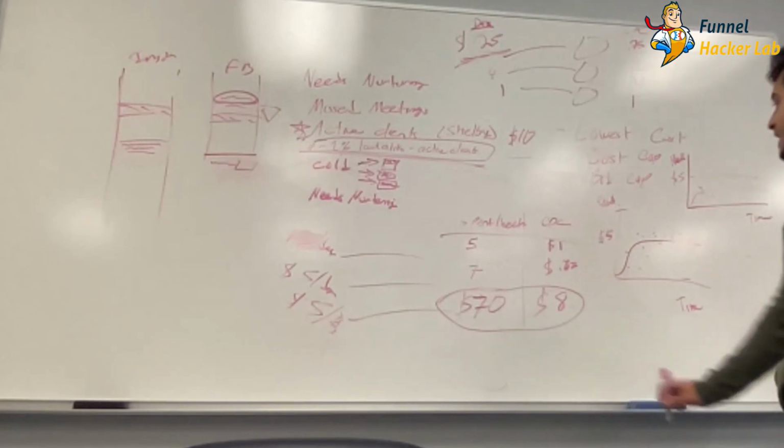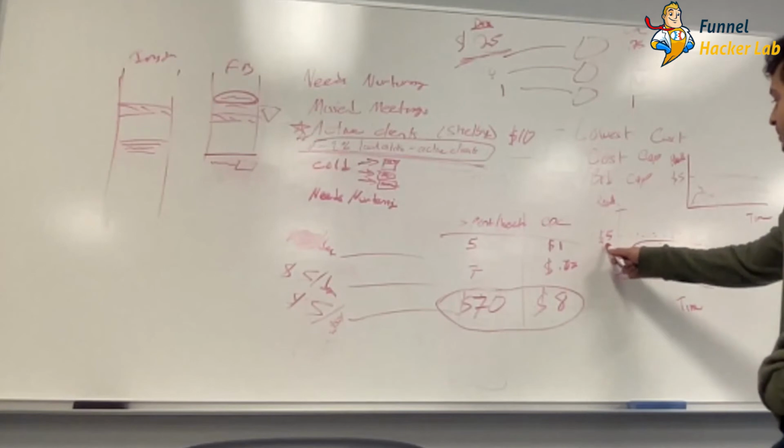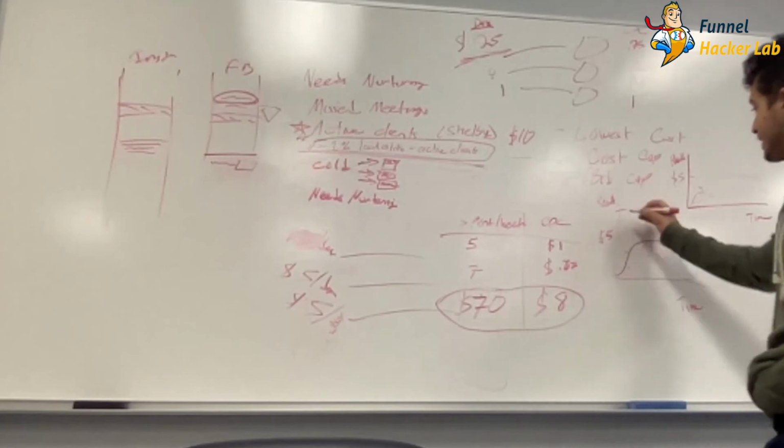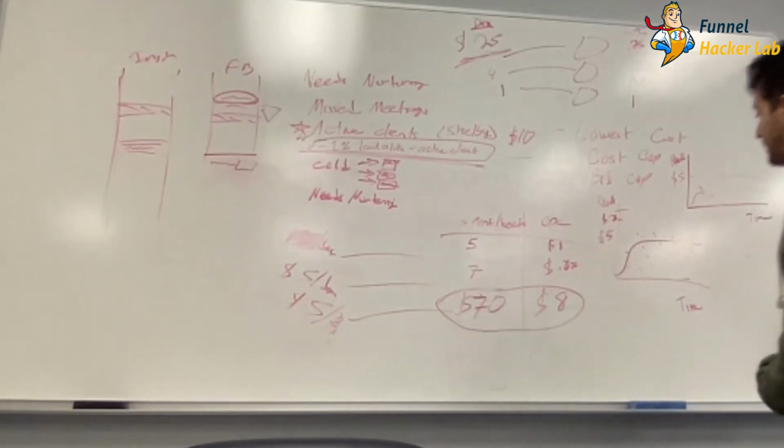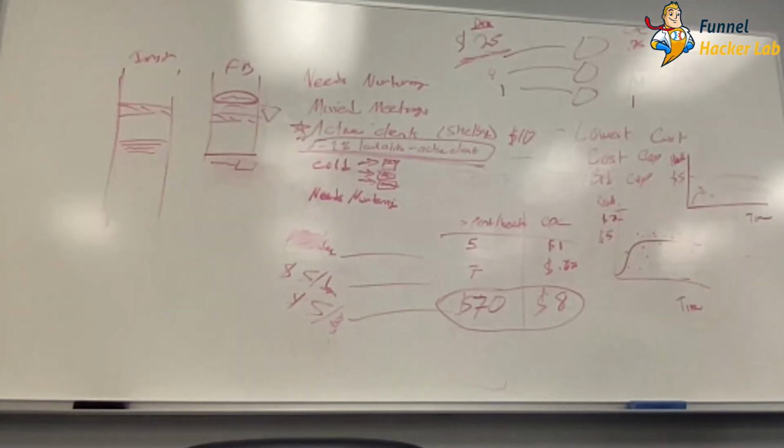For this to actually be successful, you're going to want to increase the cost cap a little bit. So if you aim for $5, make it $7. If you're aiming for your cost cap to be $20, make it $30.